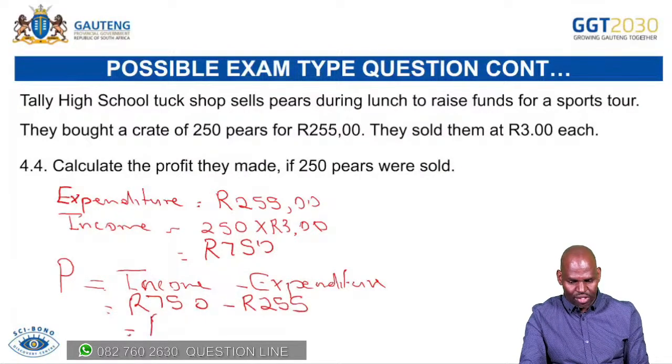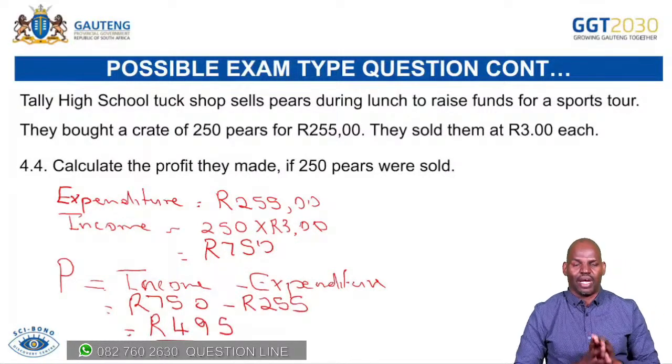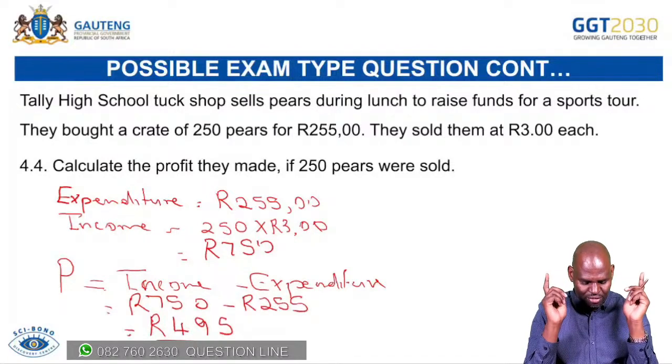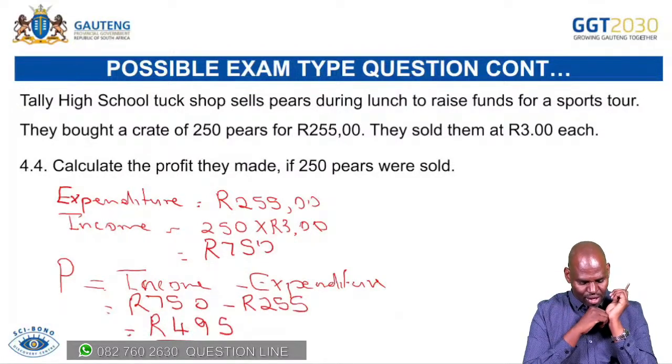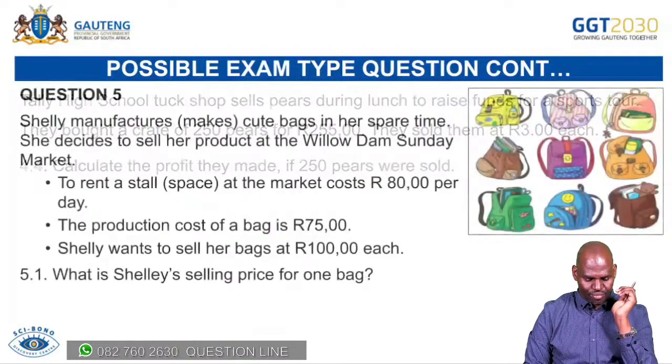So the answer is 495 rand. Okay, income minus expenditure, 750 rand minus 255 rand, then the answer is 495 rand. So that is the answer for number 4.4.